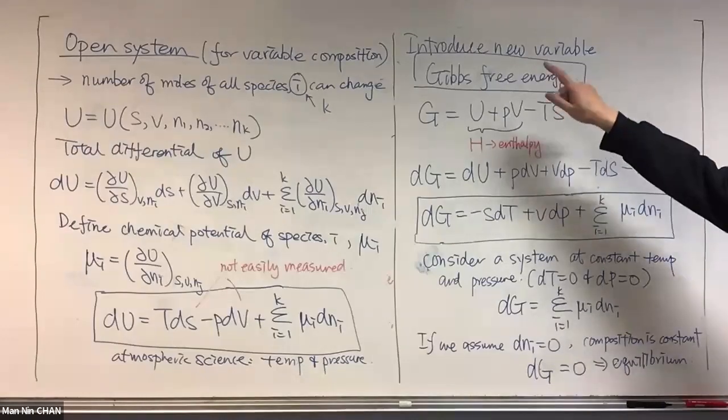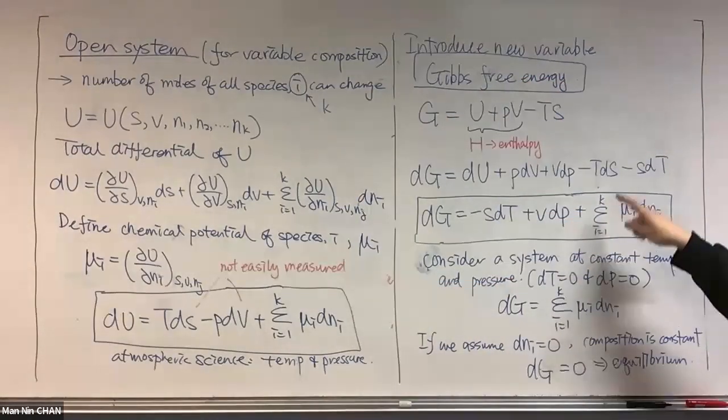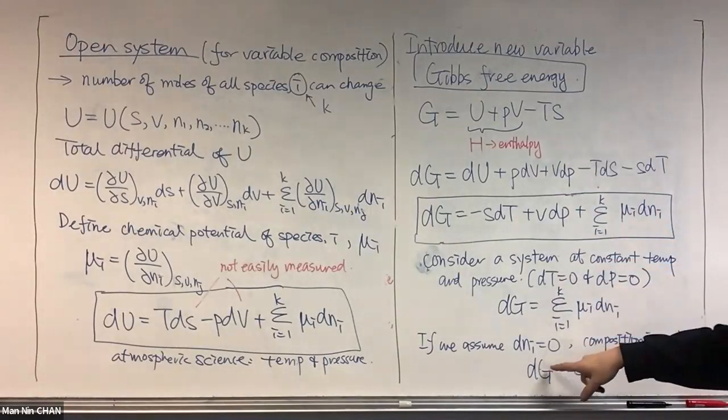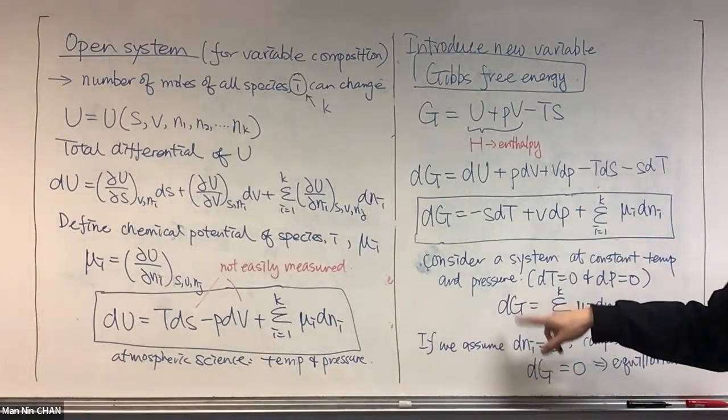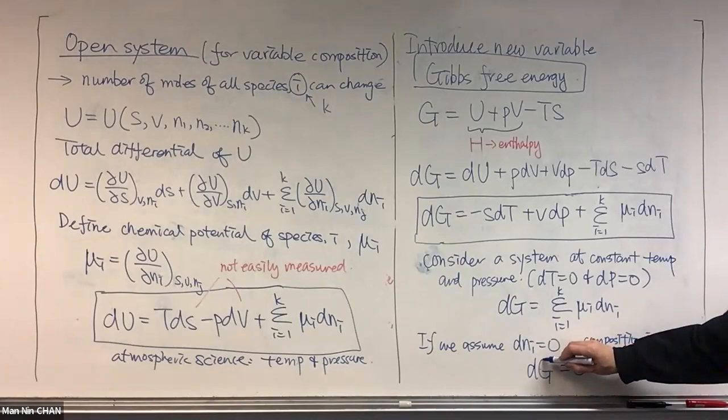Based on what we're showing here, if your Gibbs energy change is equal to 0, at constant temperature and pressure and with constant composition, then we are talking about the equilibrium state. So when you're changing, your Gibbs energy will be equal to 0.